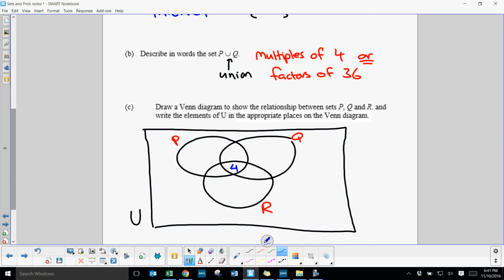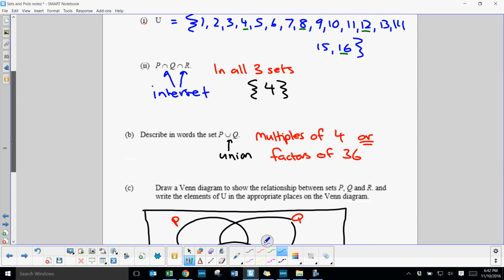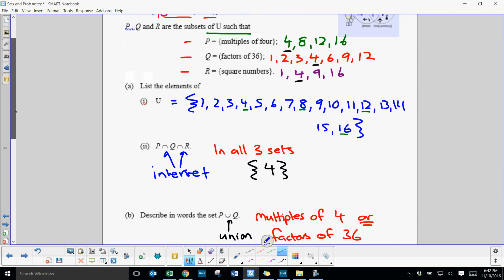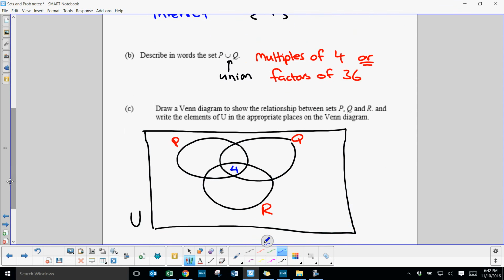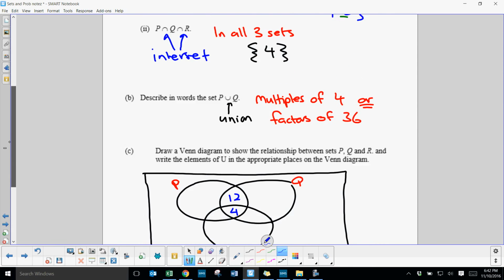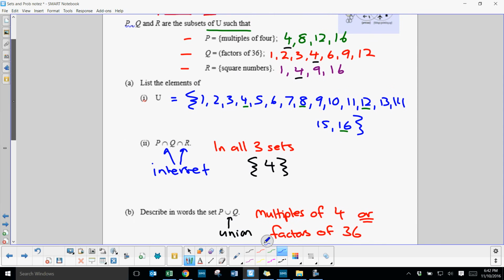What we then have to do is try to see what else you can work out. So let's see, in P and Q, do we have any others in common that are not part of R? And yes, we have 12. Another 12 is in common between P and Q. So we can put a 12 here. Look now in Q and R, see is there anything in common between Q and R apart from the number 4?